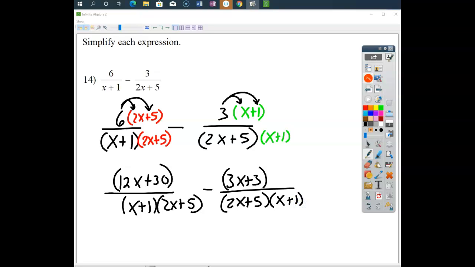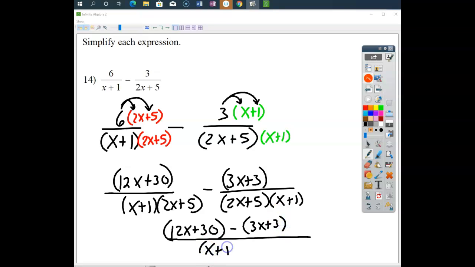And then we're going to combine the numerators together into one. In this case, this is where the difference happens because we're subtracting.